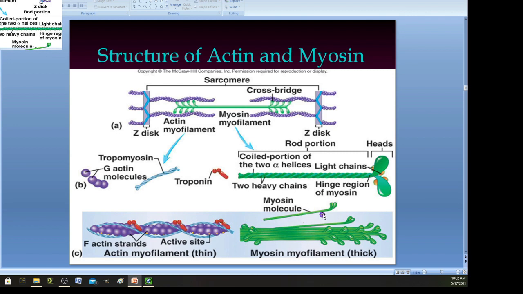Myosin looks like little golf clubs, all kind of twisted together. And the head of the golf club of the myosin is going to attach to the actin. What these are going to do is they're going to slide together. They're held together by all these structural proteins. So like myomesin, titin, dystrophin are holding the actin and myosin in place so that they can slide properly.